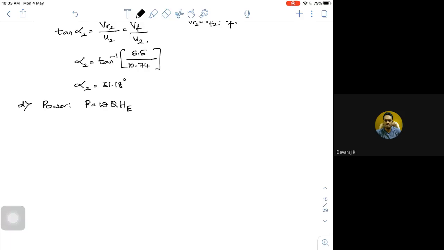This is power at the rotor. So the power available with respect to what is coming into your shaft or whatever it may be, I can write in terms of mass flow rate into your He.